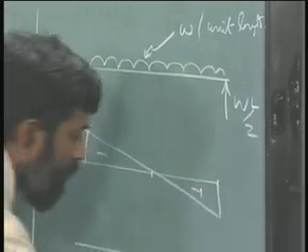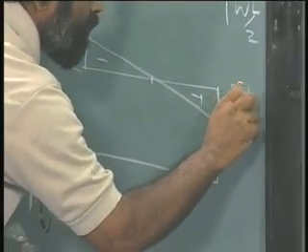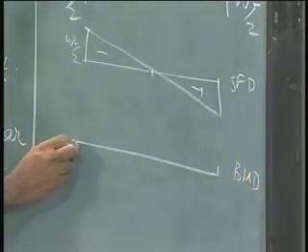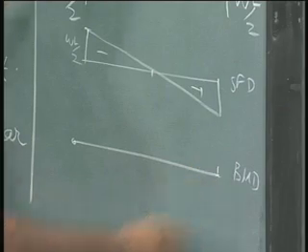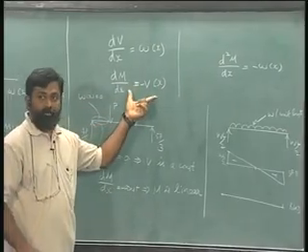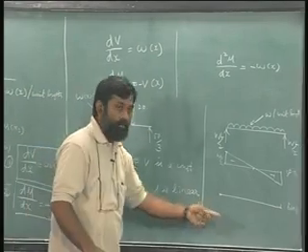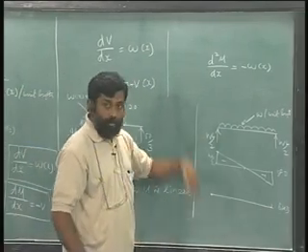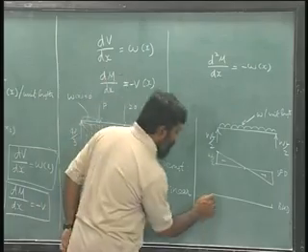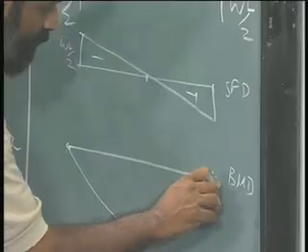Similarly, this is the shear force diagram, and if I draw the bending moment diagram, dM by dx is equal to minus V of x. I can use this fact to draw it or from the basic free body diagram I can draw, and I got it to be something like this.